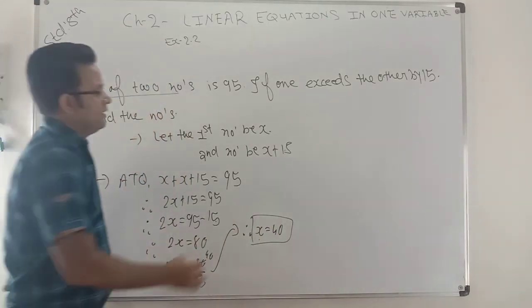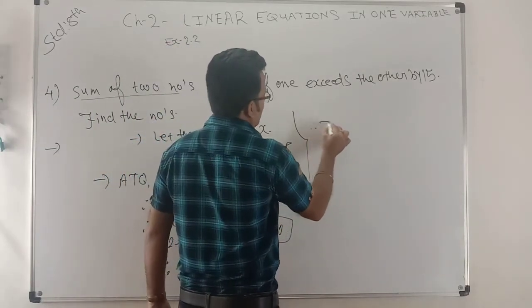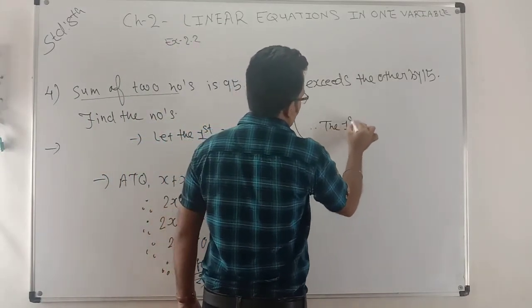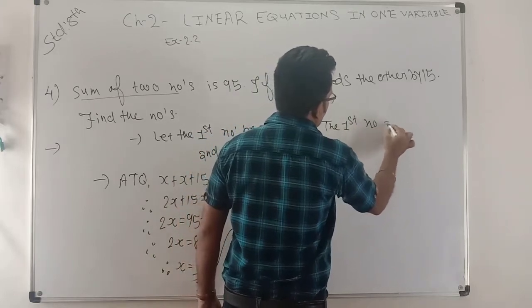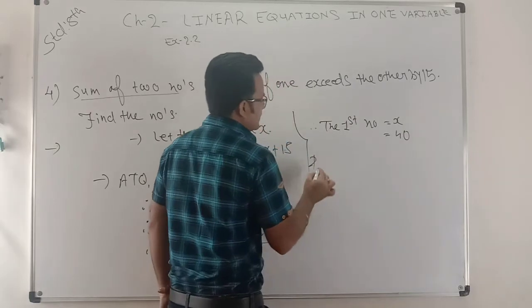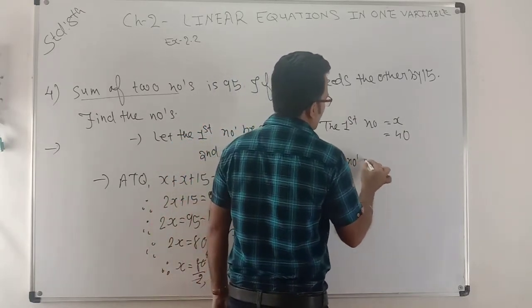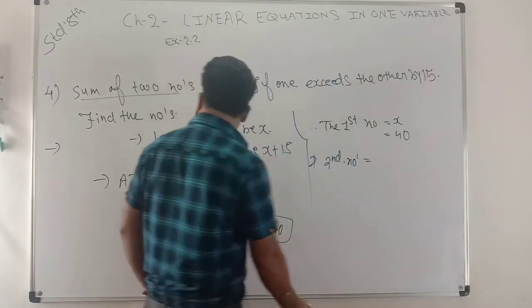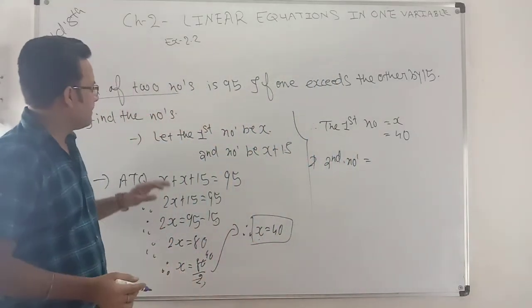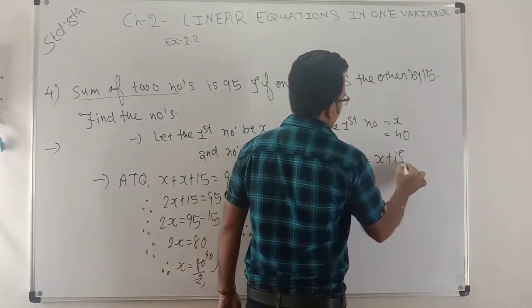So now the first number is equal to x is equal to 40 and second number is equal to what you supposed, your second number, that is x plus 15.